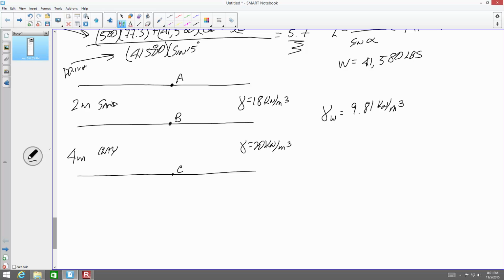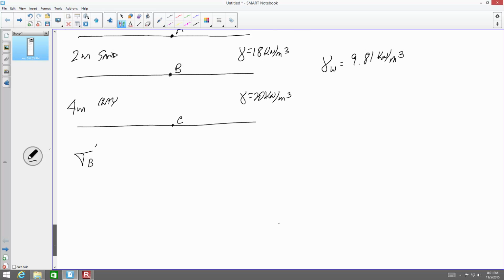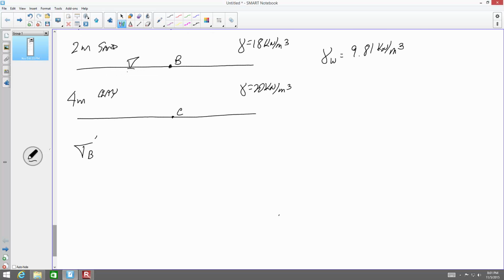The effective stress at point B is, and they give you choices. Oh, sorry. Yep, there is a water table. So the choices are 16.4, 36, 18, 19.6. So how are you coming up with 36, sir?